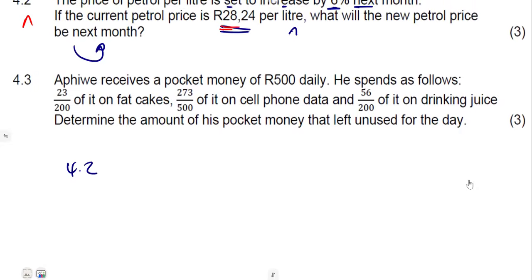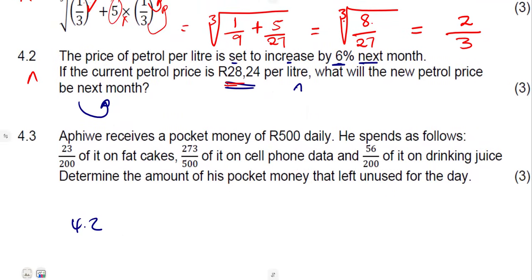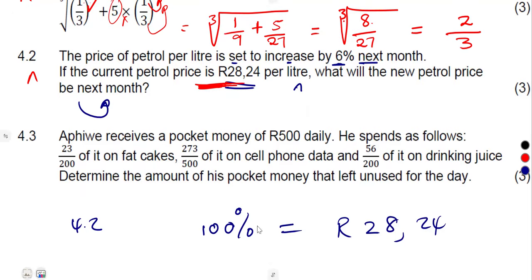We can say that the petrol price originally is at 100%. The original price is always at 100%. So 28.24 is originally at 100%. An increase of 6% means from 100%, add 6%.